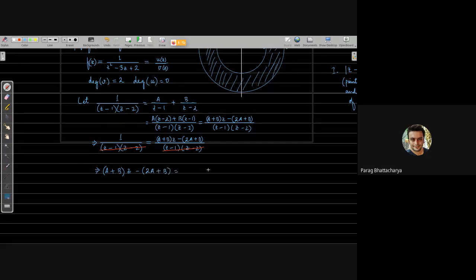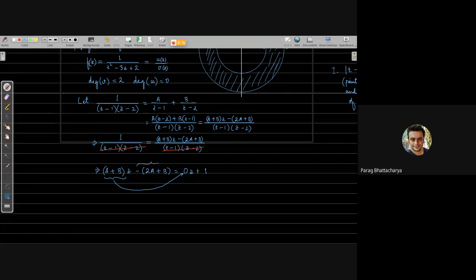Now if you compare the coefficients, this coefficient must be equal to 0, and this coefficient, including the minus sign, must be equal to 1.